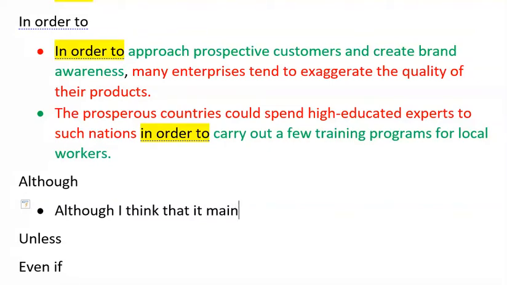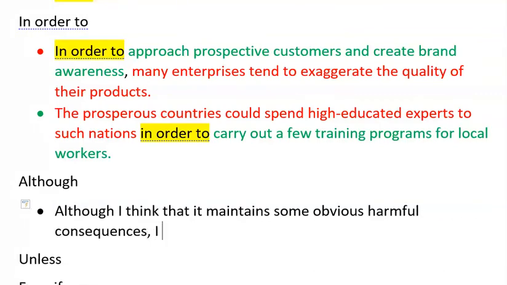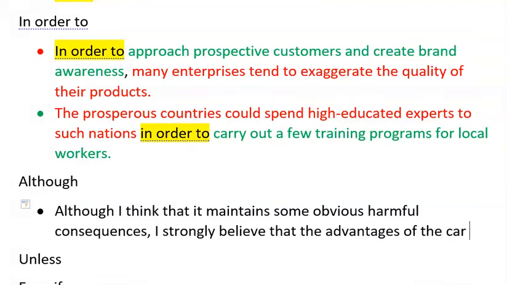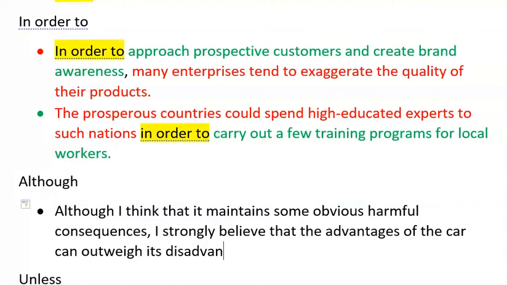Okay, so I'm going to write down the example. Although I think that it maintains some obvious harmful consequences, comma, I strongly believe that the advantages of the car can outweigh its disadvantages.